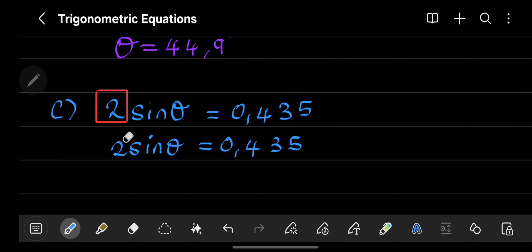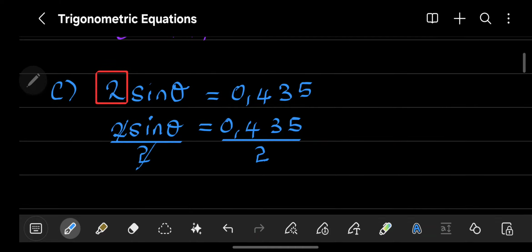Now they are not separated by plus or minus. So how do you remove that 2? You just divide by itself. And the laws of equation say that whatever you do on the right, you must also do on the left side. So this will go away with it, right? And then we will remain with your sine theta.